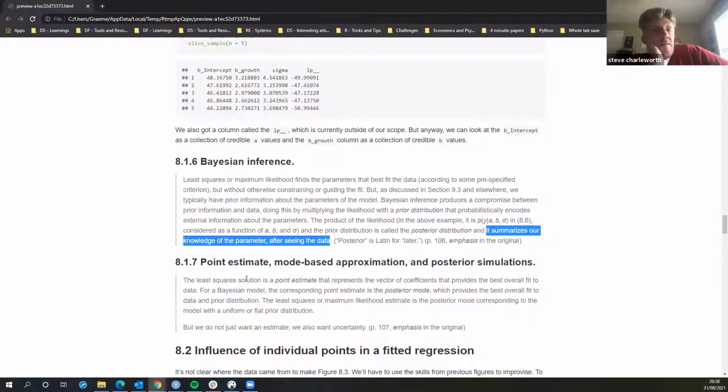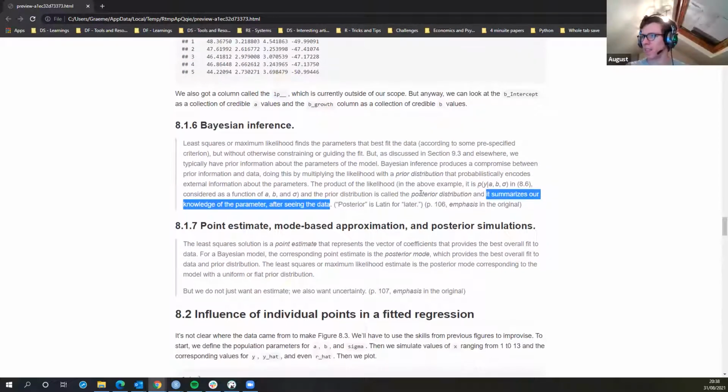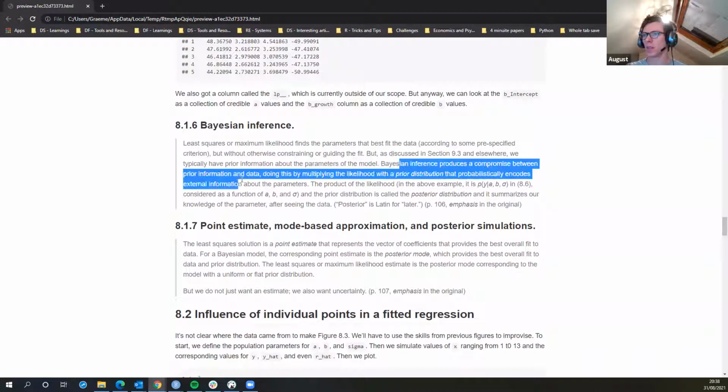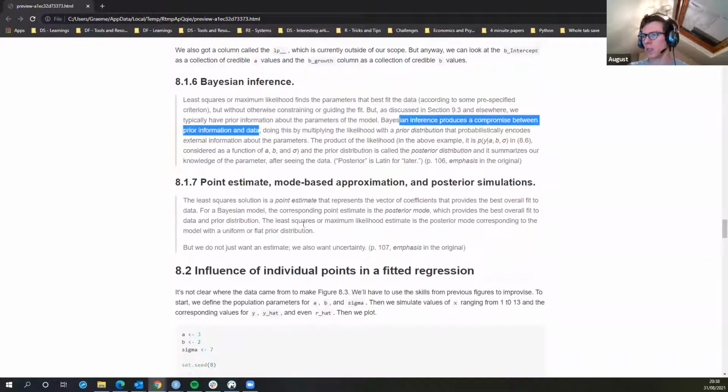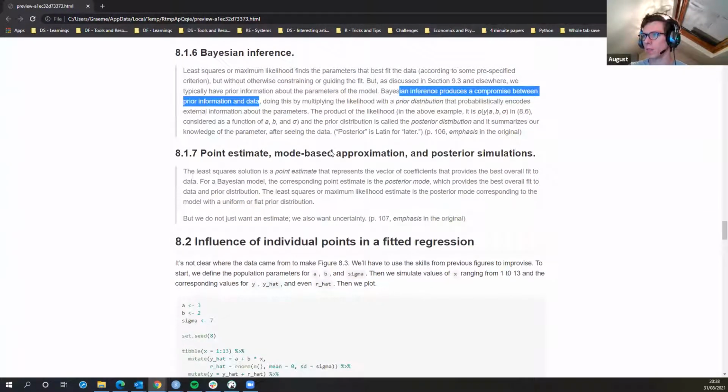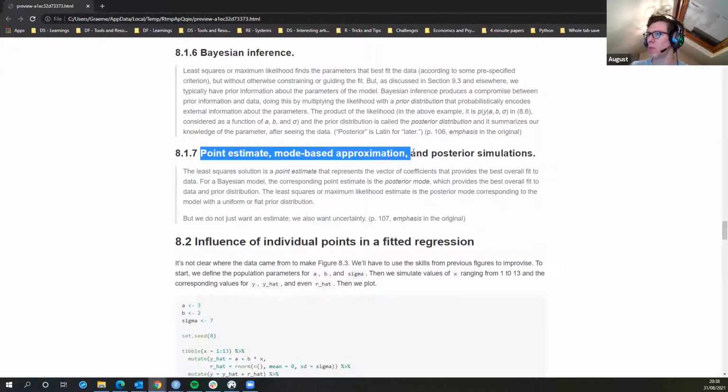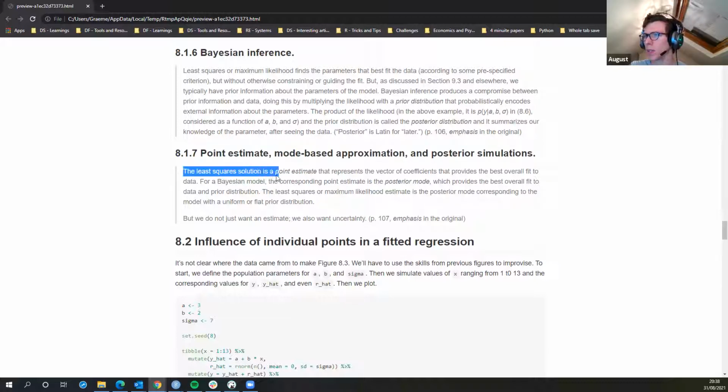So that's what Bayesian inference is: a compromise between the prior information and the data. So by remodeling it all. Pointwise estimate, mode-based approximation and posterior simulations. For the least squares solution, a point estimate represents the vector of coefficients that provides the best overall fit to the data.